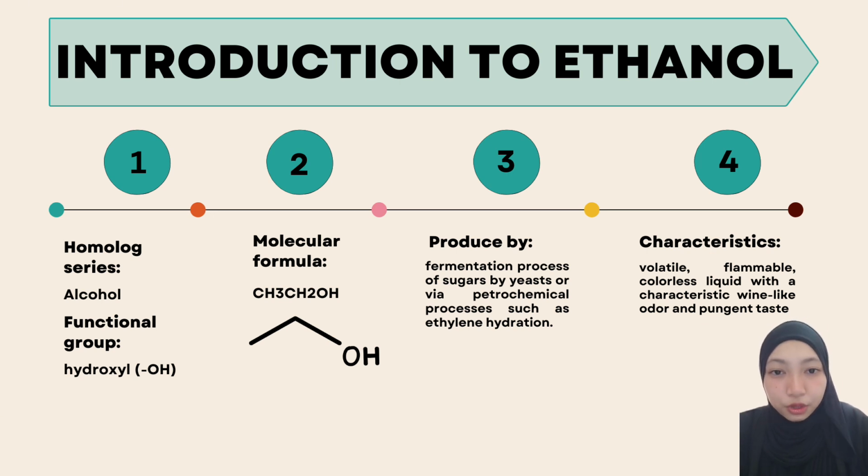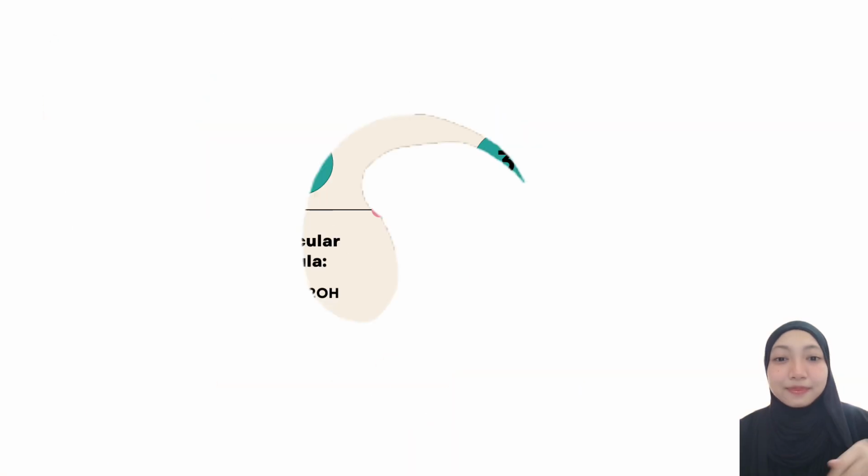Ethanol is produced by the fermentation of sugars by yeast or via petrochemical processes such as ethylene hydration. As for the characteristics, ethanol is a volatile, flammable, colorless liquid with a characteristic wine-like odor and pungent taste.